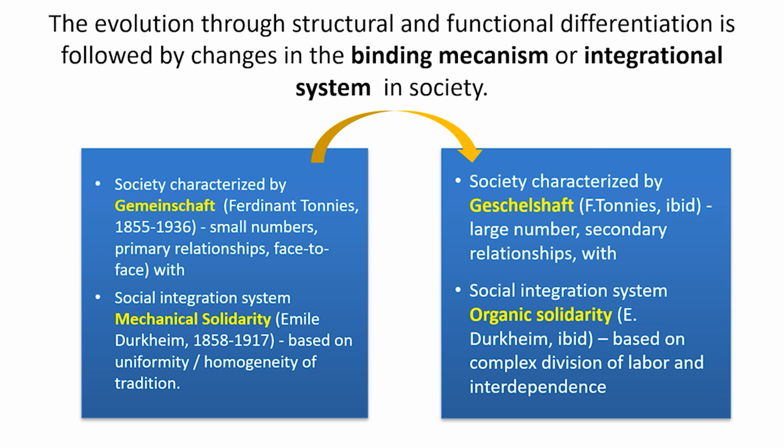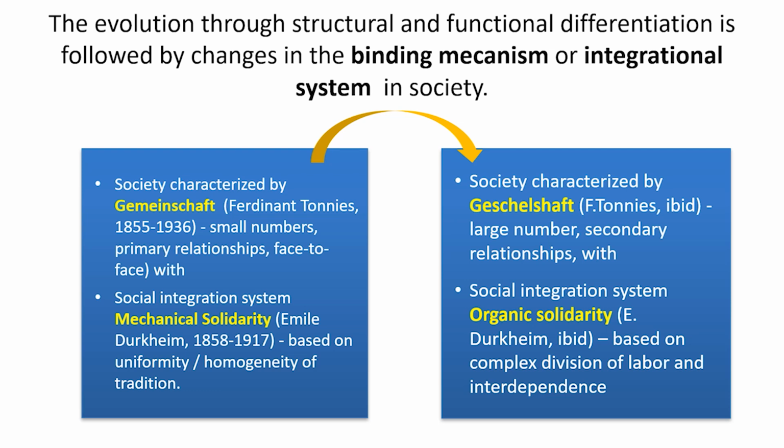Ferdinand Tönnies used the term Gemeinschaft to characterize the simple society. It is characterized by a small number of members, primary relationship between the members, face-to-face relationship between the members.